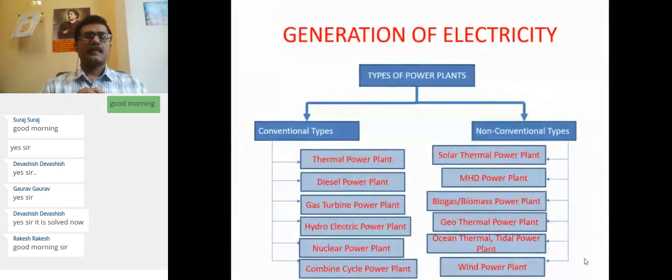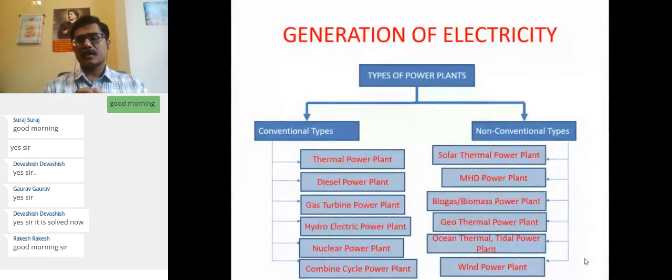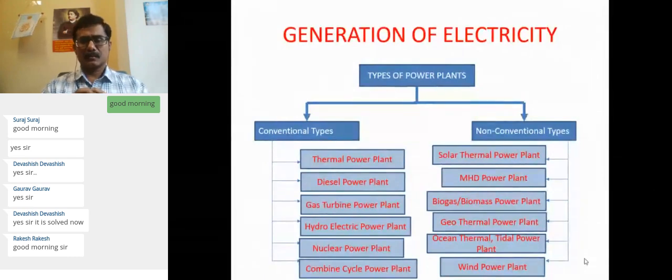Gas turbine power plant. If my intuition is correct, you might have learned in the subject of turbo machines the gas turbine power plants, isn't it? Preliminary information definitely might have been discussed for the gas turbine cycle, I will say.